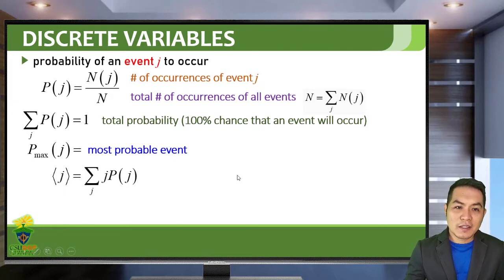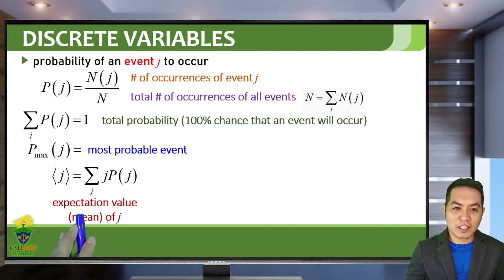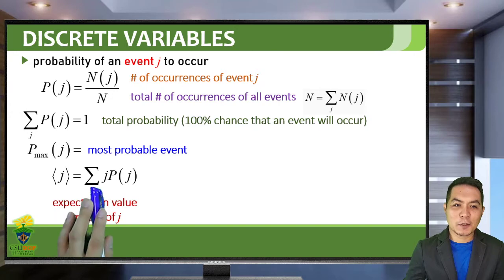The mean or average value of an event j, which in quantum mechanics we call the expectation value, is the value that you expect. Usually you expect the average event. In this case, the average value is just the event multiplied by its probability and summed over all the events j.